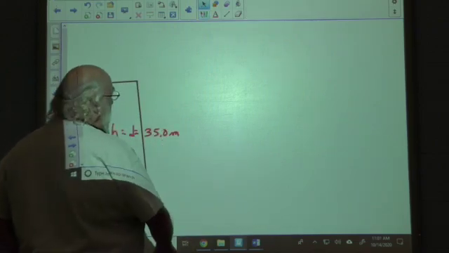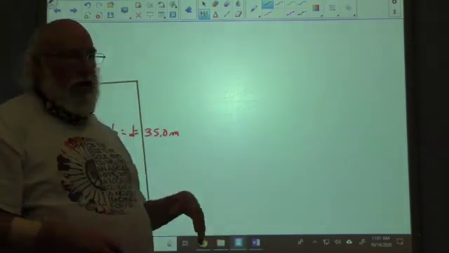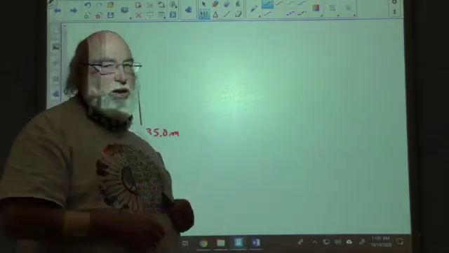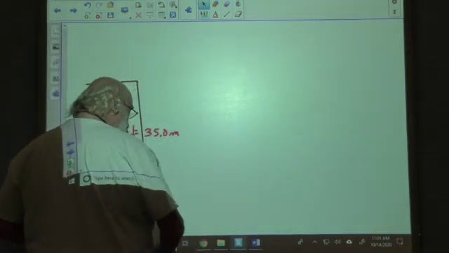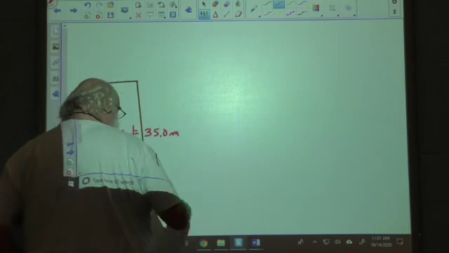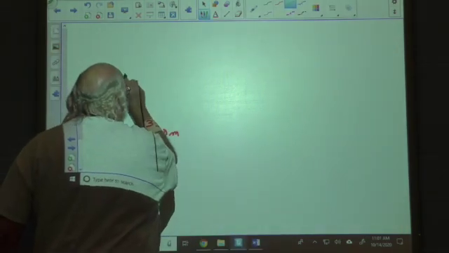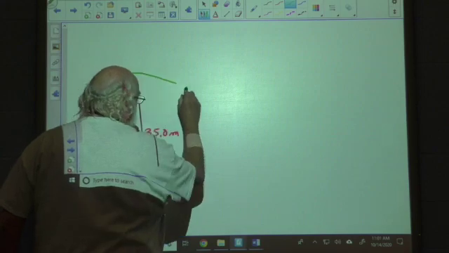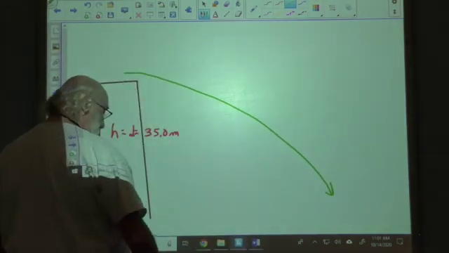We also know that as soon as the ball leaves the cannon, it's going to start dropping. Gravity works on it the instant it comes out of that cannon. So we'll have this cannon here, and the cannon's going to shoot straight ahead initially, but as soon as it leaves the cannon, it's going to create a parabola.